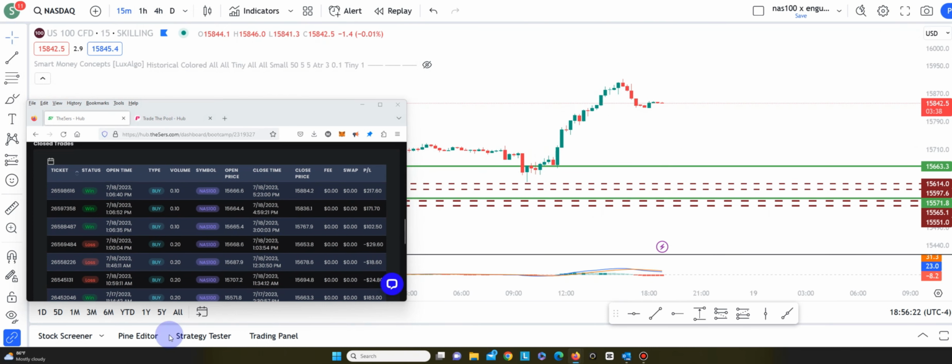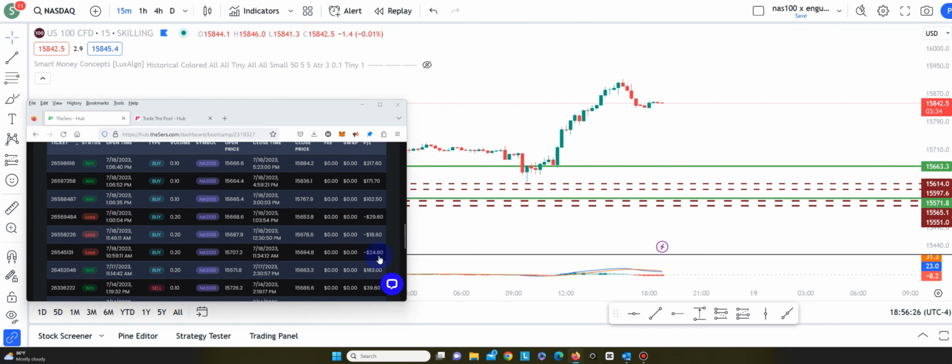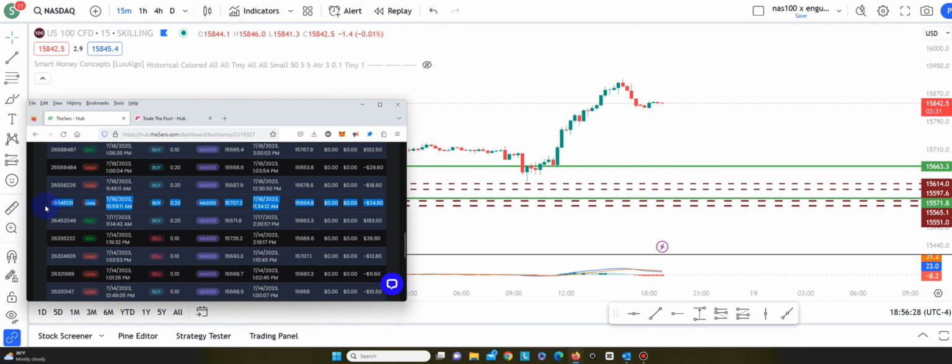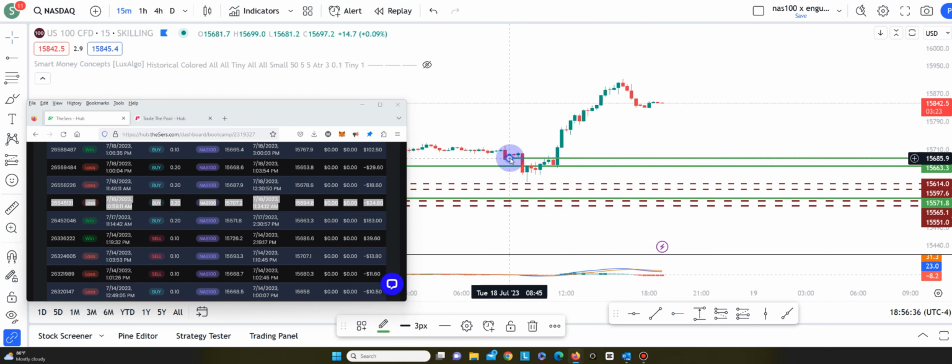So the first trade, I entered this one on the 845 candle. Let's actually bring it down here. So I entered this one on the 845, and let's just go to that one. So the 845. Here I went bullish. So I'm definitely bullish bias.